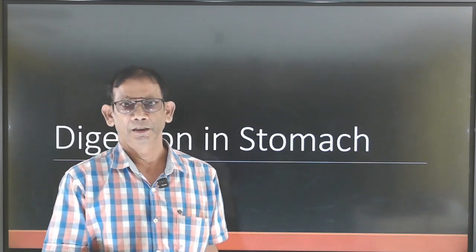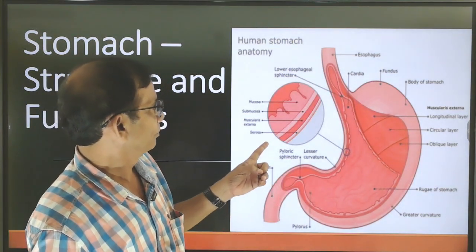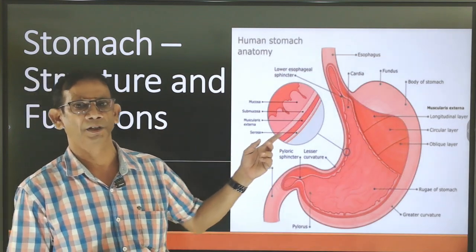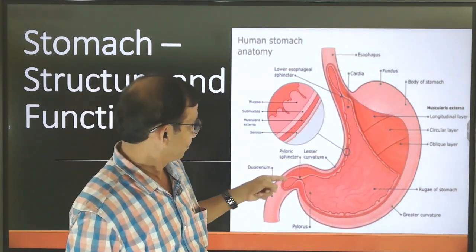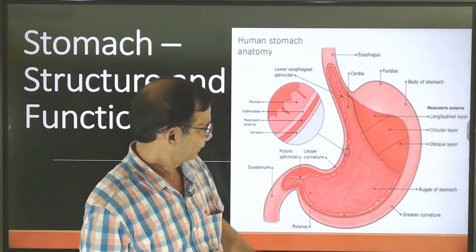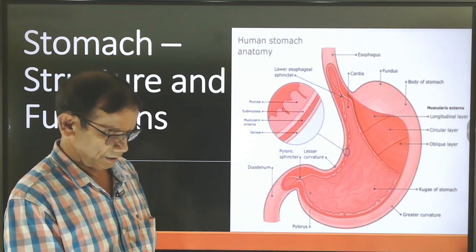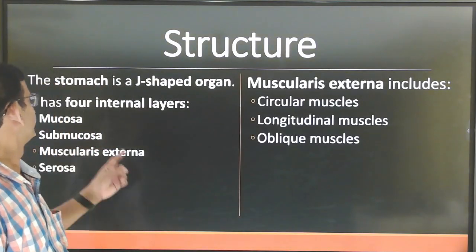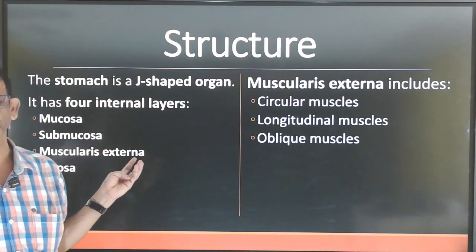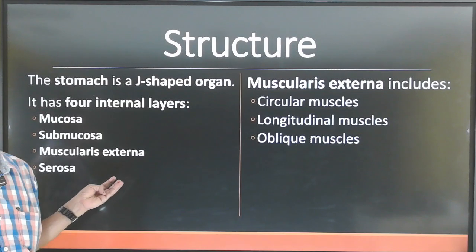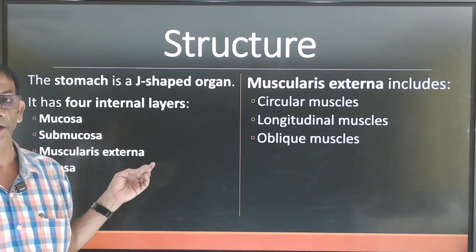To know about digestion in the stomach, we have to know about the structure of the stomach. The stomach has two openings, and internally it is a J-shaped organ consisting of 4 layers: serosa, muscularis externa, submucosa and mucosa.